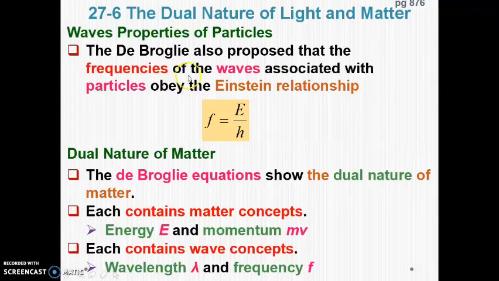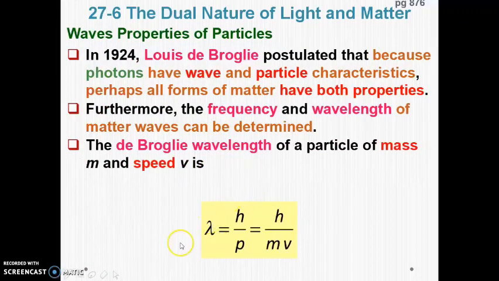De Broglie also proposed that the frequency of the wave associated with the particle obeys the Einstein relationship, E equal to hf. If you want to find the frequency, f is equal to E divided by h. This one is due to the wave formula, and this one is due to the particle.